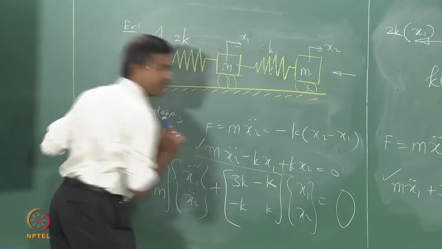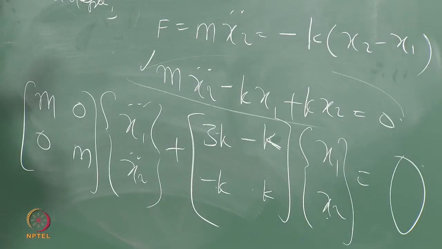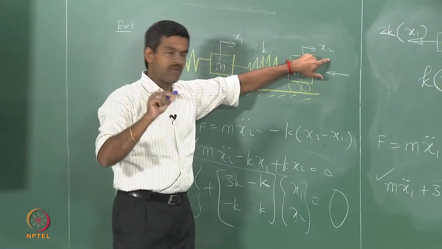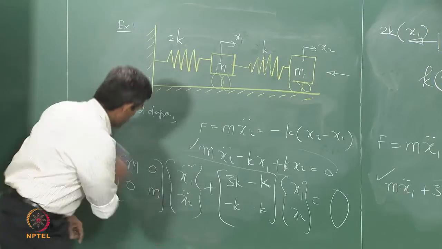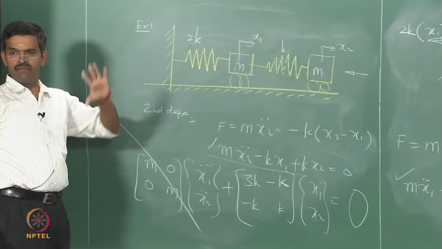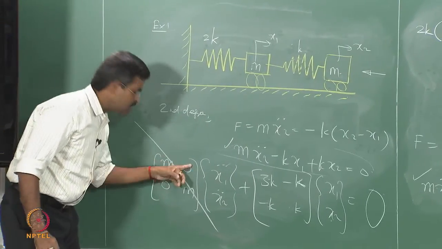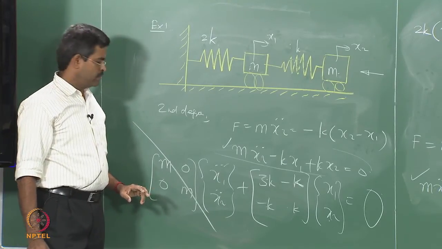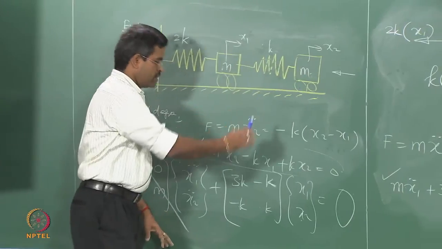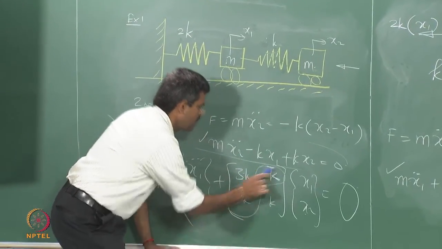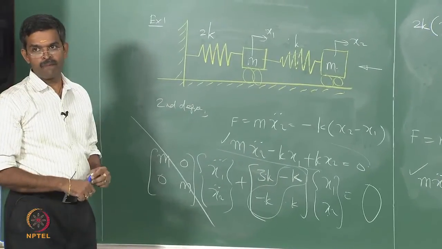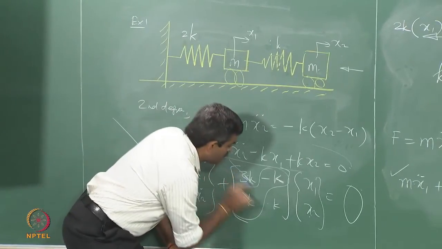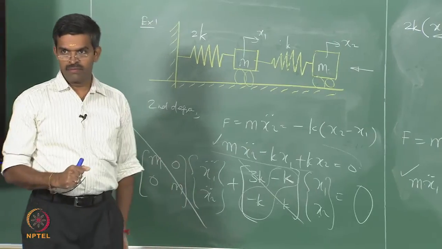More interestingly, when your displacement coordinates are selected at the point where the mass is lumped, the mass matrix will always be diagonal, the off diagonal elements will be 0. And usually the stiffness matrix will be symmetric, and the stiffness matrix will be diagonally dominant.